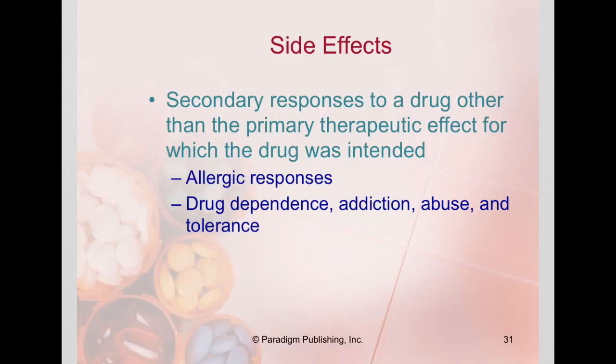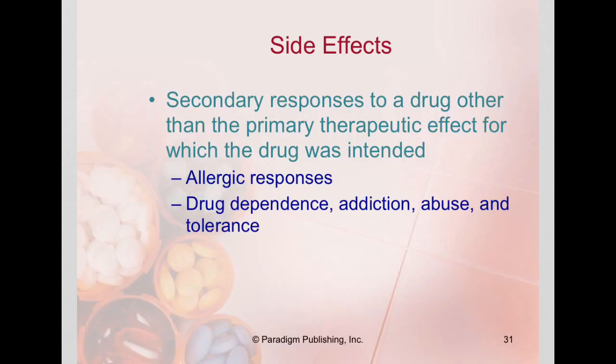Some other side effects can be drug dependence, addiction, abuse, and tolerance. A lot of those are with the narcotics and things like that. That's the addiction and abuse. The dependence is meaning that they have adapted to that drug and they've become dependent on that drug.